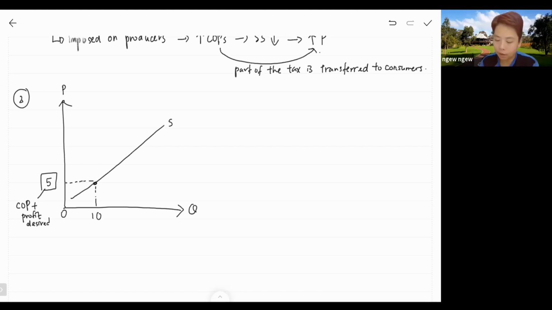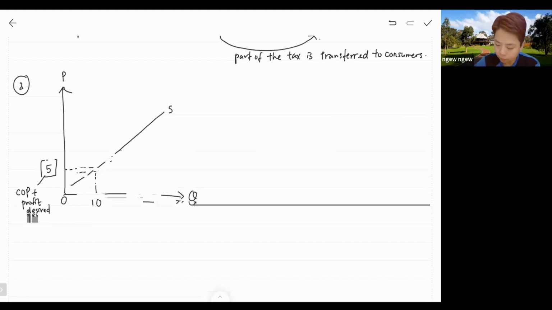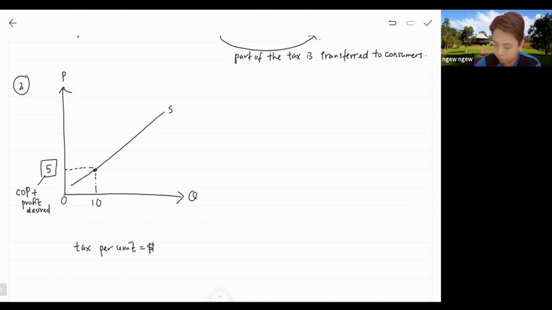Now, if the government asks for a tax per unit of $2, what happens next? Firms will add this $2 to the original amount they wanted. Originally they wanted 5, now firms will add $2 and want 7.